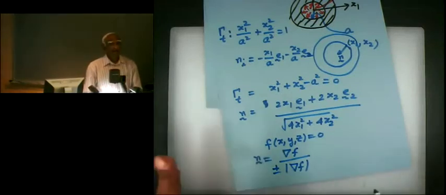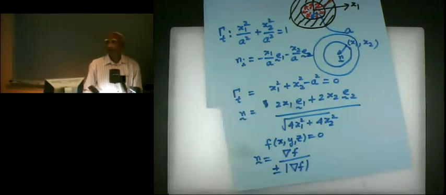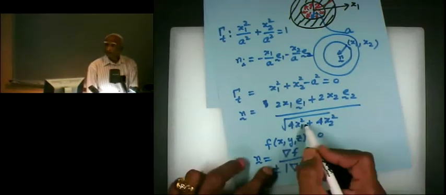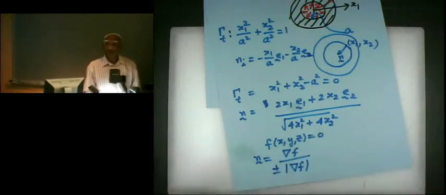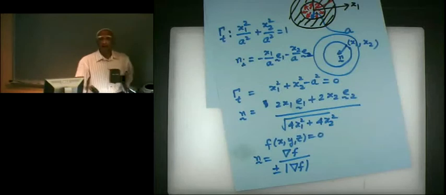This math will not give you whether it's outward normal or inward normal. Like when I take the square root here, I can say it is a plus or minus. That part, the gradient formula does not figure it out. All it tells you is along the normal. It doesn't tell you whether it's along the outward normal or inward normal.